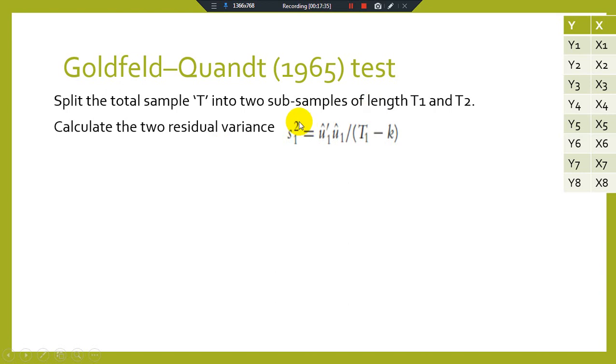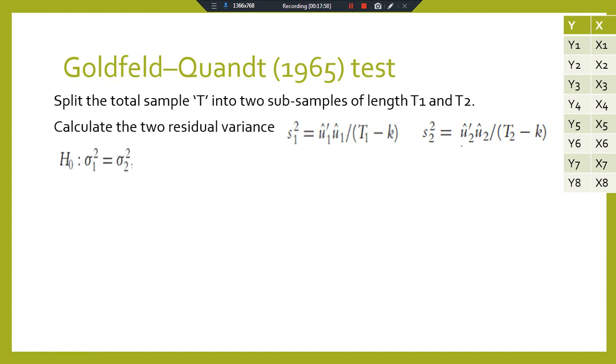For the first error variance, you can use this formula, s1 squared. This is the variance formula: variance is equal to u1 hat prime u1 hat divided by T1 minus k, and this is the formula for the second variance.